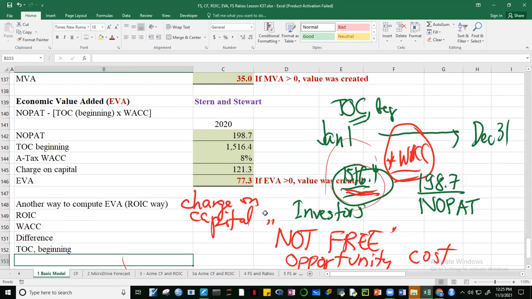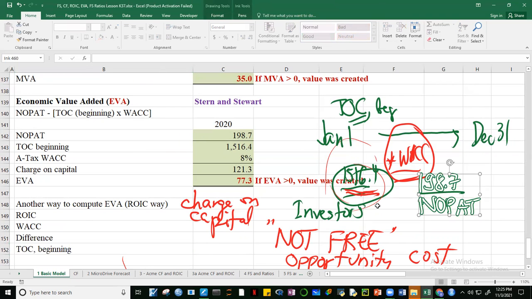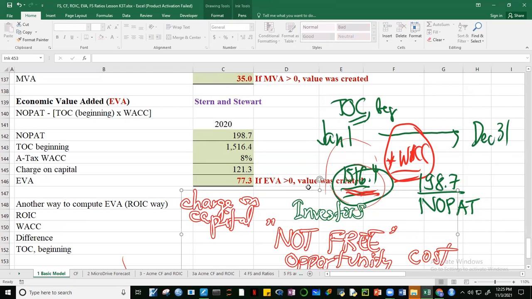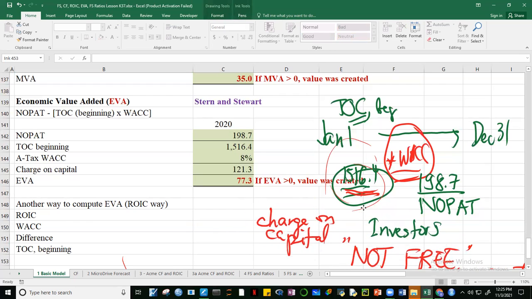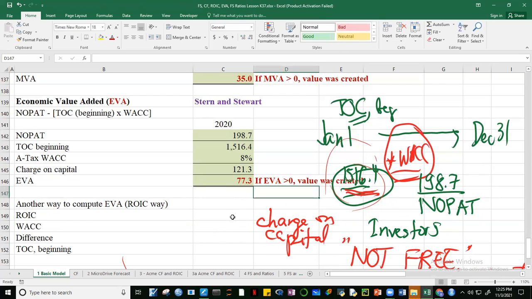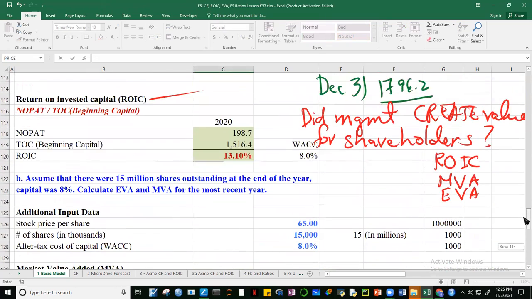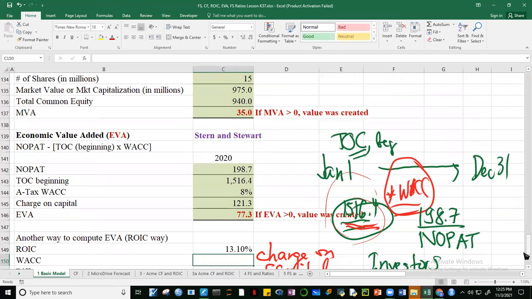Let me just show you another way to compute this. So we first look at it based on the ROIC. How much was the return on invested capital? It's 13.10.